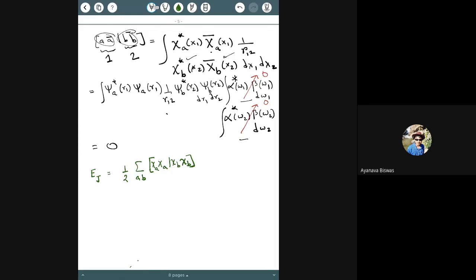Now when I open it out, every spin orbital can be barred or unbarred. I'm sorry, I'm trying to write it out explicitly, but there is a shortage of notation. So I'll have to skip a step and just write the full expression.